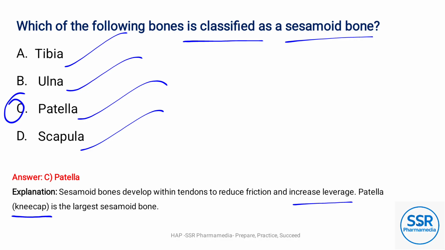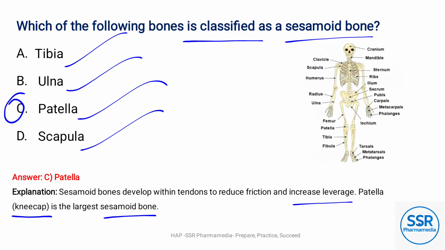The patella, the kneecap, is the largest sesamoid bone. Sesamoid bones are small bones, and the largest among them is the patella. The patella is present at the knee, and is the kneecap.